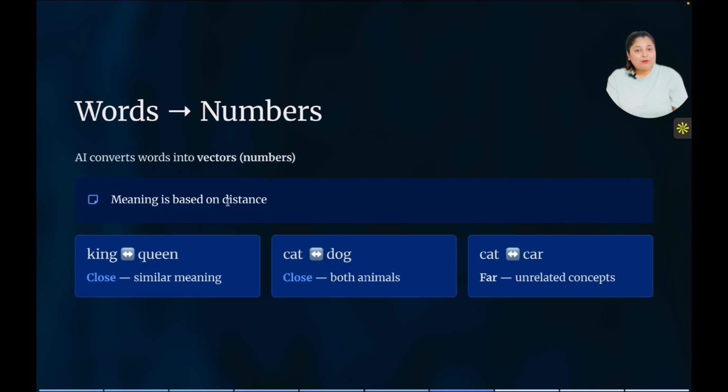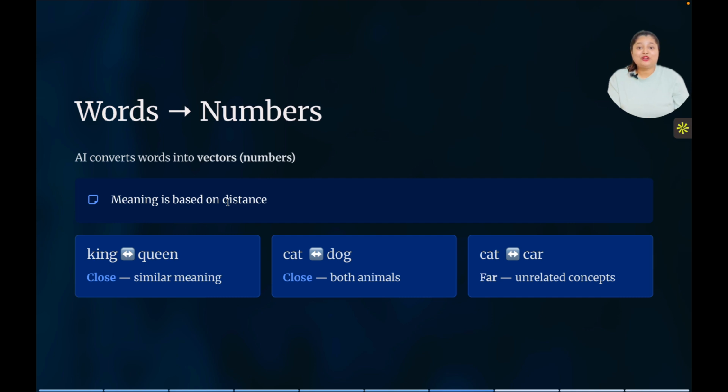Now let's talk about something really interesting, that is embeddings. Computers don't understand words, they understand numbers. So every word is converted into a numerical representation. Think of it like this: words are placed in a map of meaning. For example, king, queen.